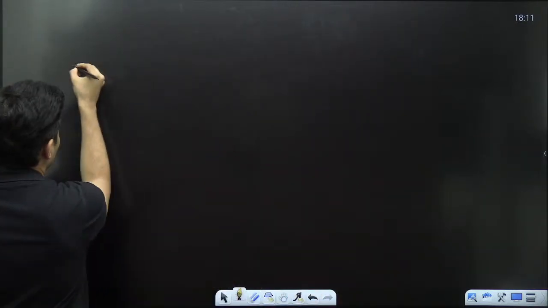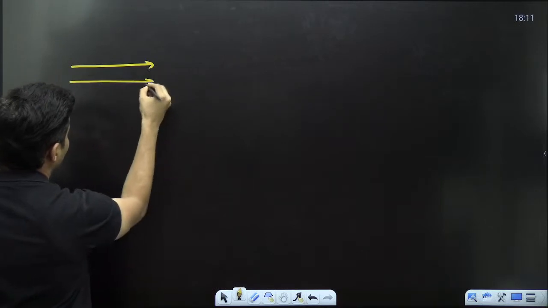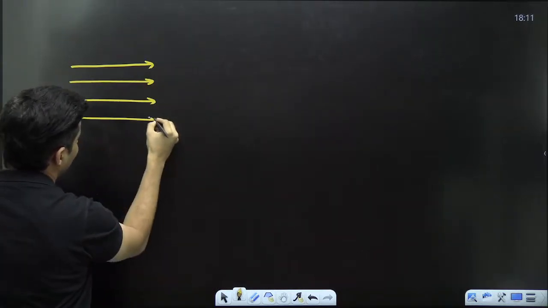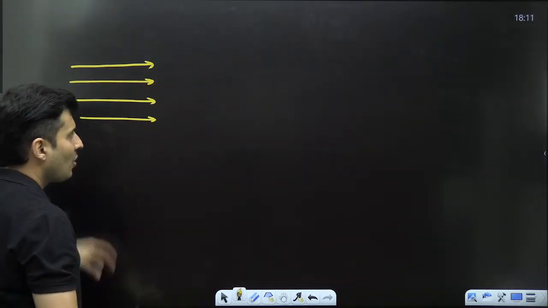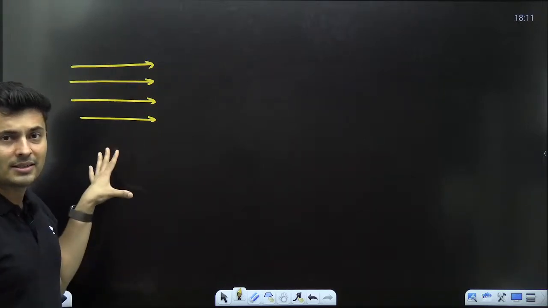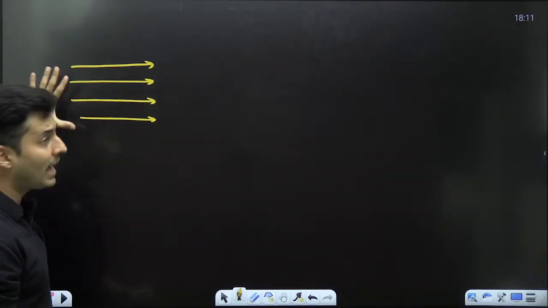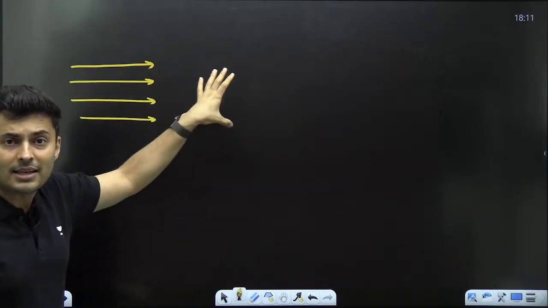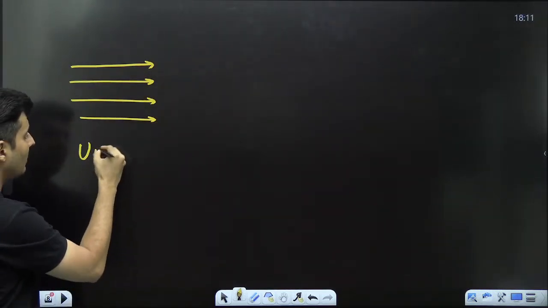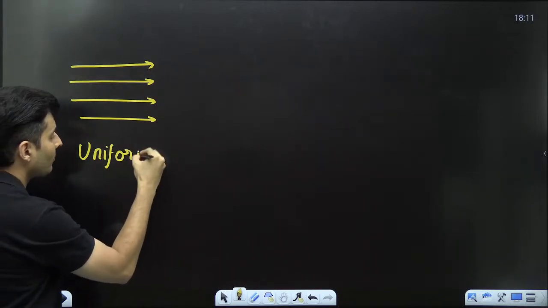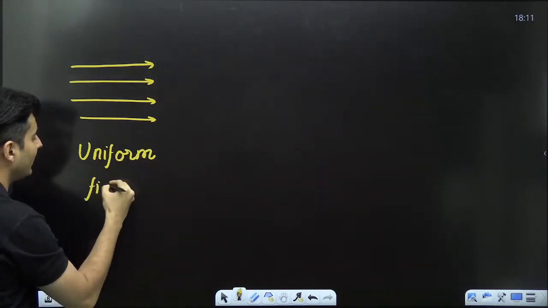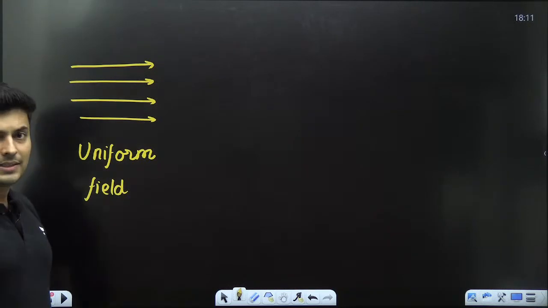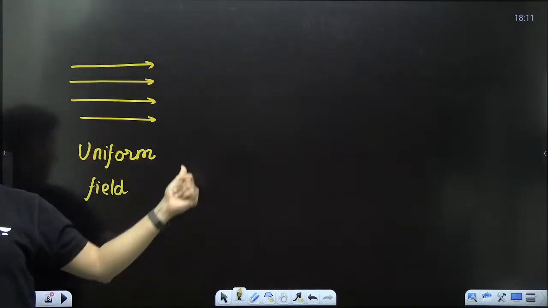Next important thing. If I say that the magnetic field lines are like this, what is so special about these? All the lines are parallel. That means the strength everywhere is the same. So can I say this is nothing but a uniform field? My dear warriors, isn't this a uniform field? Very good.